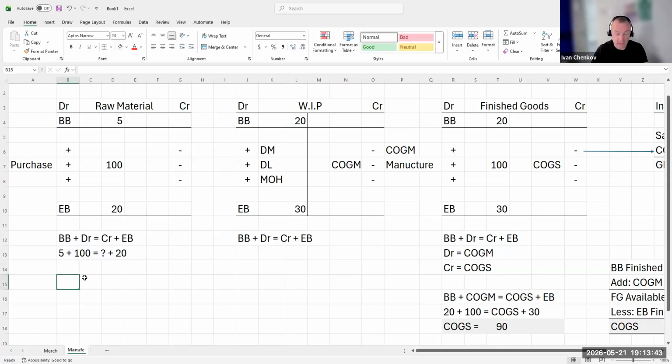So question mark should be equal to this 5 plus this 100 minus those 20. 85. You're correct.